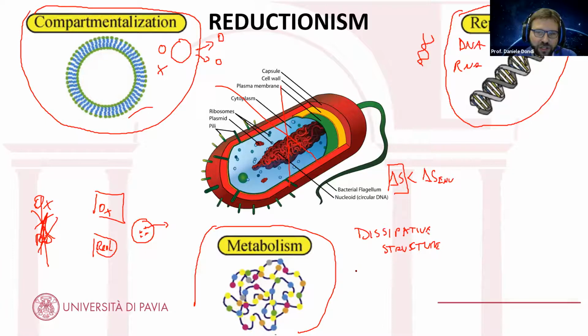So in order to have something well organized, you need to dissipate energy. You need some so-called exothermic reaction. You cannot have life with an endothermic reaction. You are alive if a flow of material enters and exits with a higher entropy, in order to maintain your low entropy.